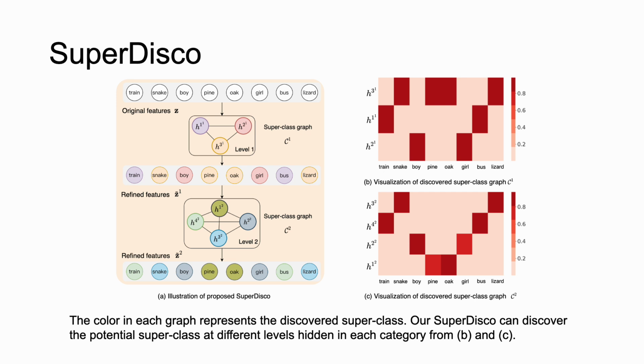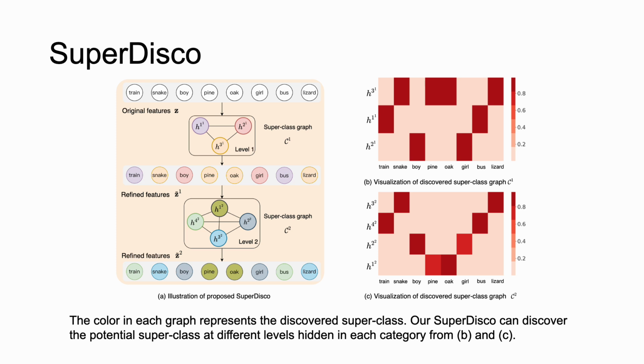Here is the overall framework of our SuperDisco. The first row is the original feature. We first input the original feature to the first level superclass graph, C1, and then we can get the refined feature C1.